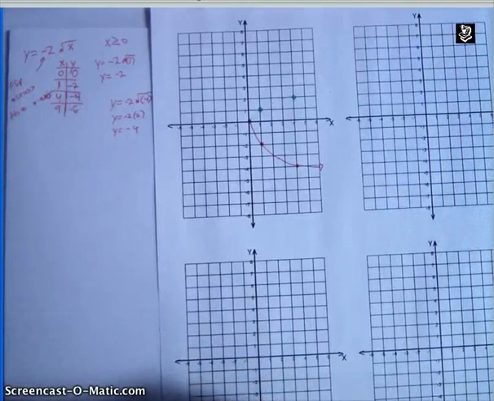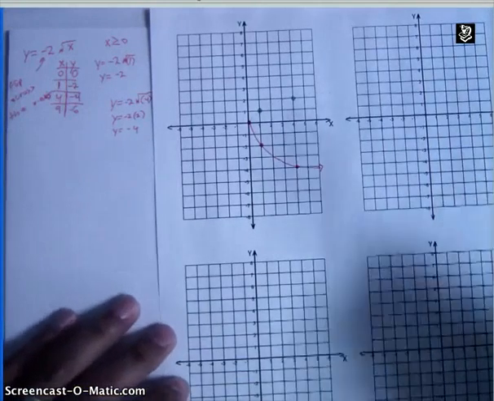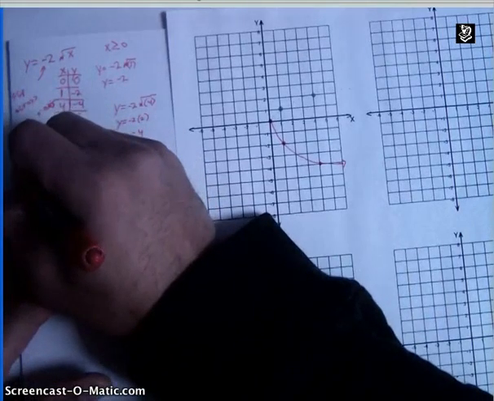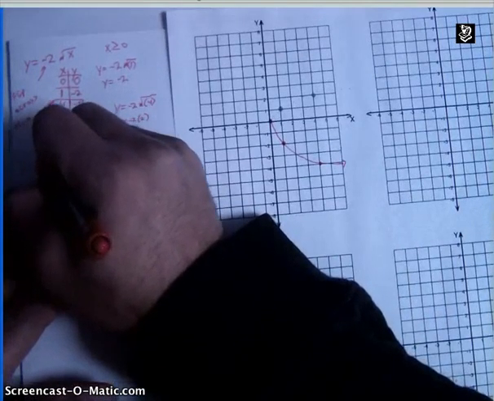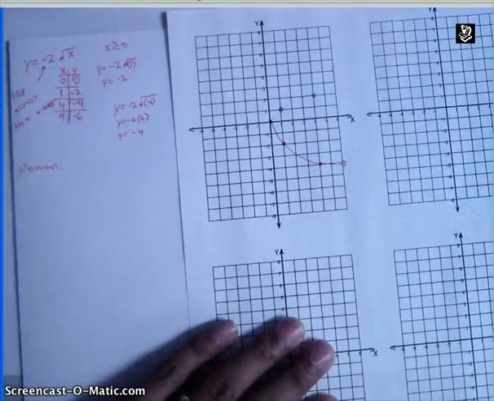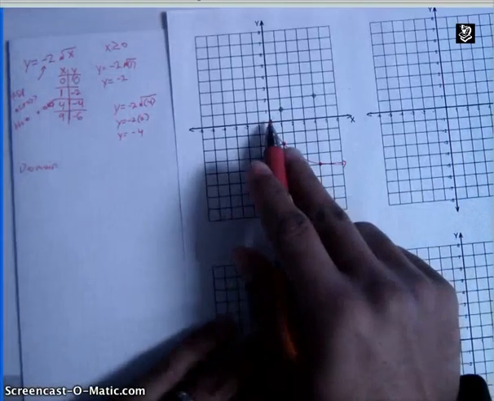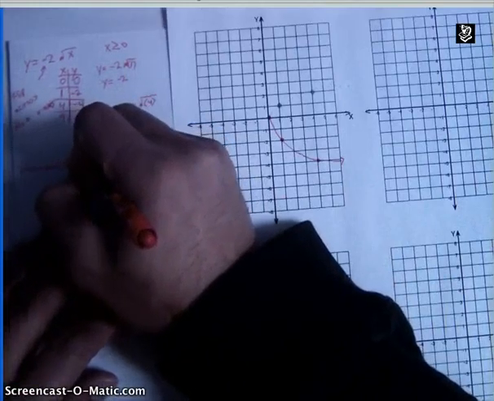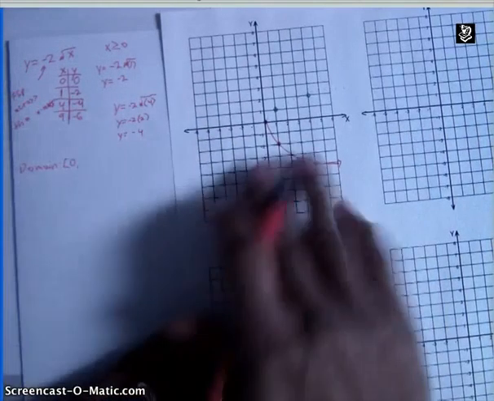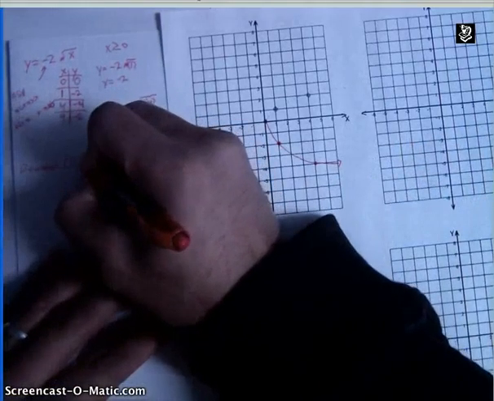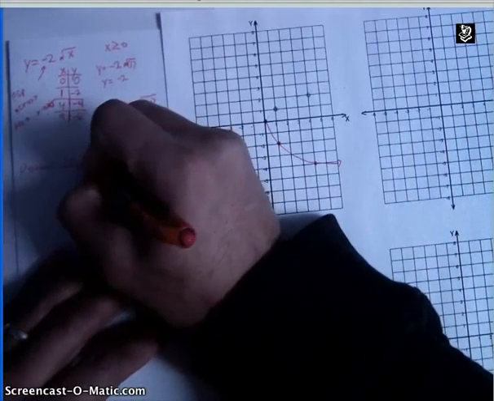Now we can fill out all the rest of our information. We'll start with the domain. My domain is all the x values I can put in. The smallest one I can put in is 0, and since I can include 0, I'm going to use a bracket there. Then my x values go on forever, so it has to be positive infinity since we're going to the right.